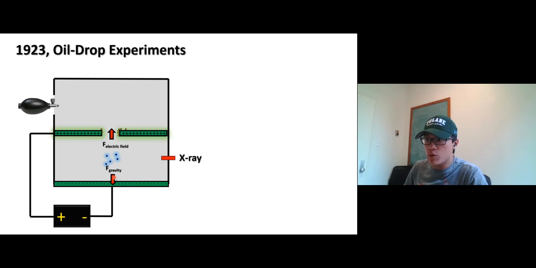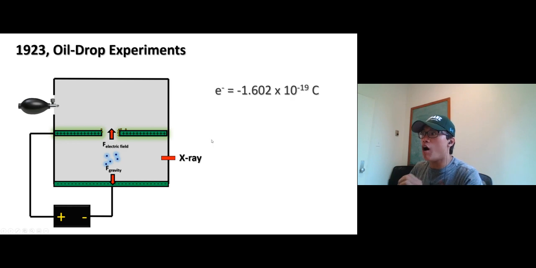One pulling it down, the other one pulling it up. He can adjust the electrical current, which is the electric field, just enough to suspend this electron, this negative particle, in midair. With his calculation, he came up with the charge of the electron, which is negative 1.602 times 10 to the negative 19 Coulomb.